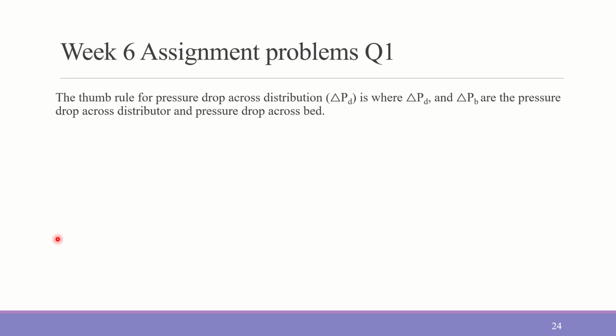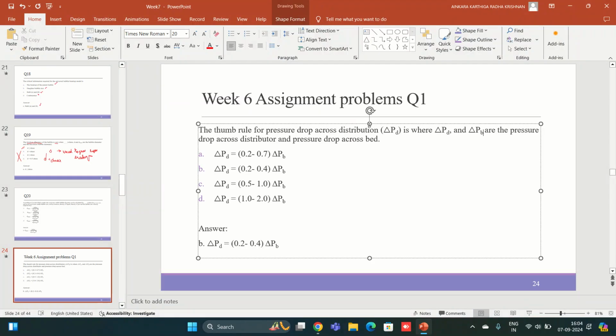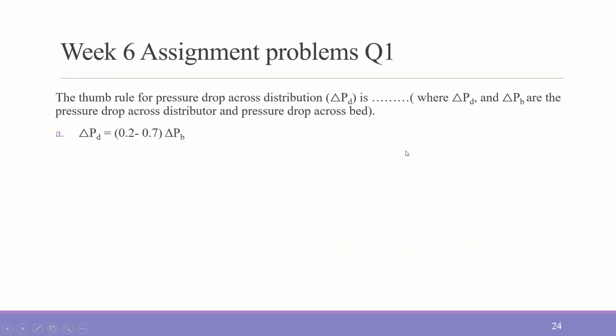So question one is, the thumb rule for pressure drop across distributor is dash, where delta PD and delta PB are pressure drop across distributor and pressure drop across bed. Option A, delta PD is equal to 0.2 to 0.7 delta PB.